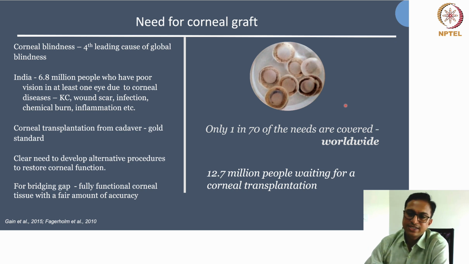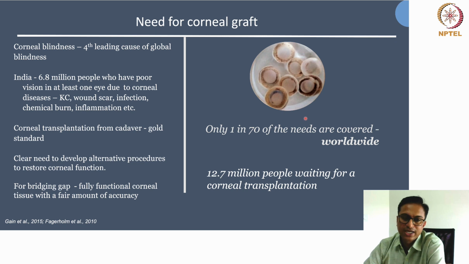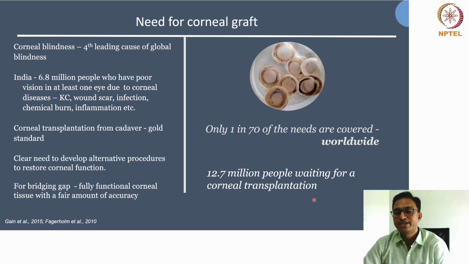If you see the statistics, only 1 in 70 needy patients get transplants. So 69 patients out of 70 are left untreated, without any transplant. Around 12.7 million people are waiting for corneal transplantation.